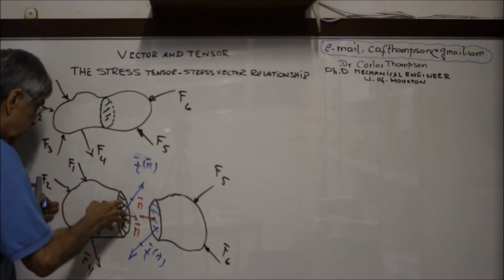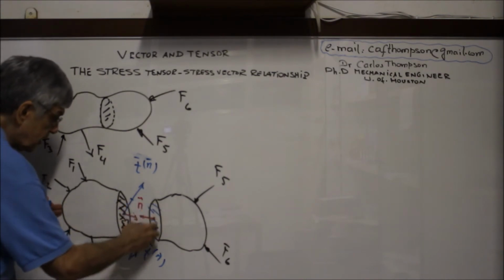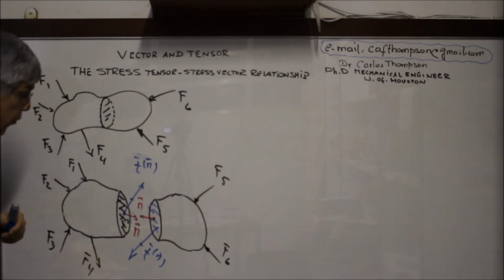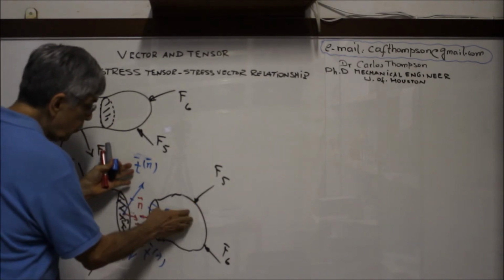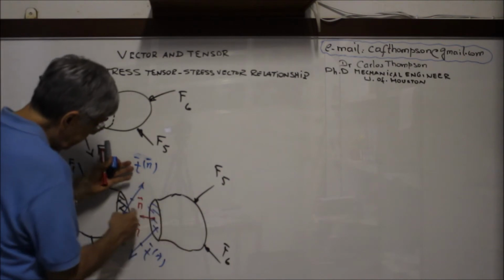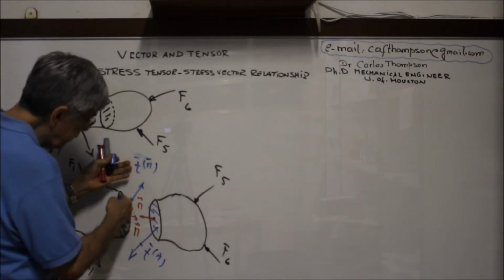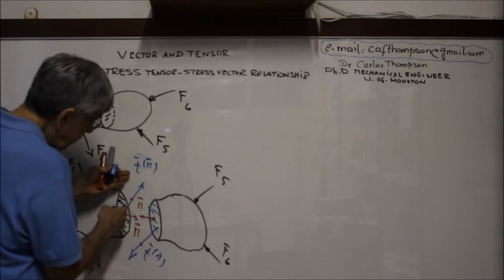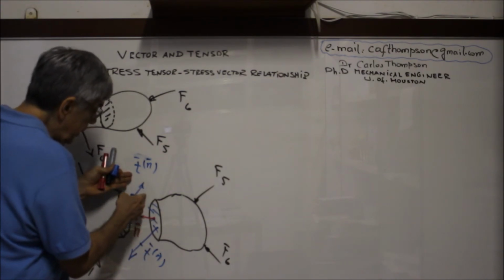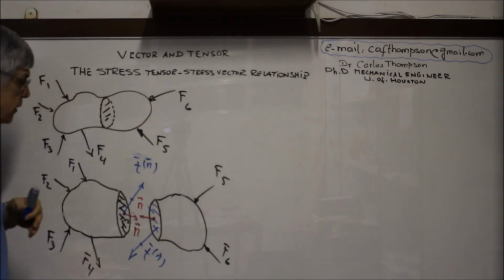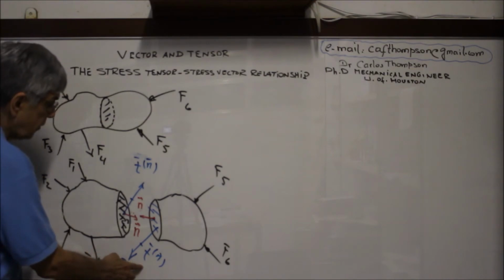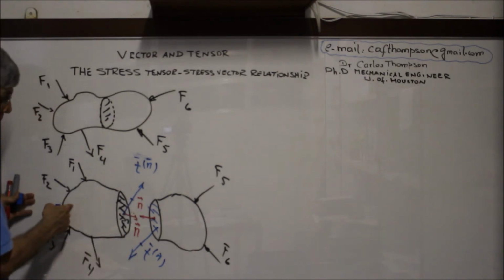The left part acts on this section through this stress vector. So the right part influences the internal force over here. T is internal and T is internal. This force appeared influenced by the right part of the body, and this one was influenced from the left part of the body.